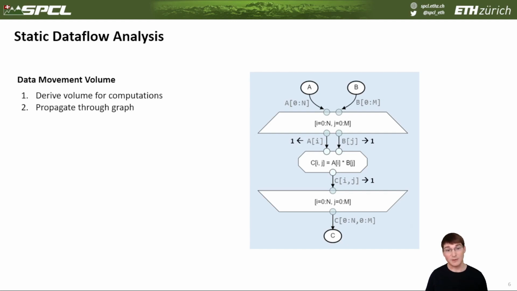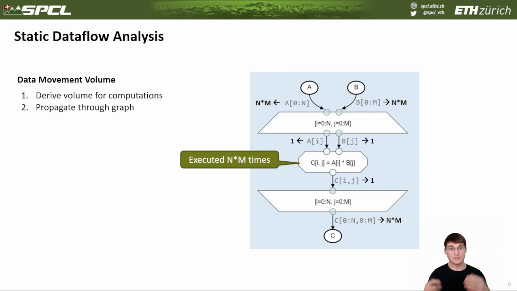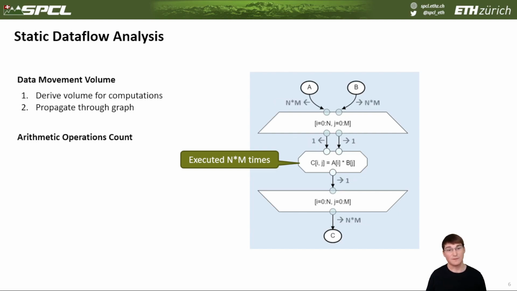And we can now propagate this through the rest of the graph. By knowing that this computation is executed a total of n by m times, we know that the resulting volumes outside, connected to the data movement edges inside the parallel region, move a total of n by m elements across them. Now, not only can we derive the data movement volume statically, we can also look at the number of arithmetic operations statically.